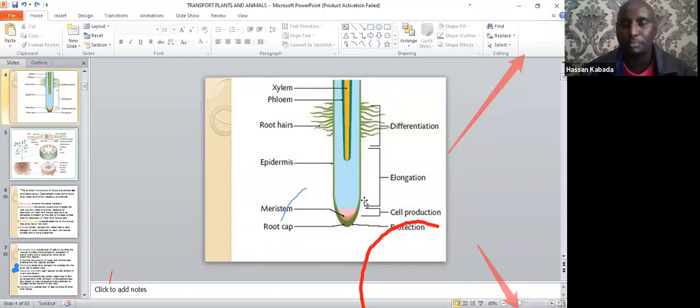So the root cap prevents damaging of these meristematic cells. Then, of course, we have the meristematic cells, where the cells undergo rapid division. This region is referred to as the zone of cell division. Then we have this part here, the zone of cell elongation and the zone of cell differentiation.